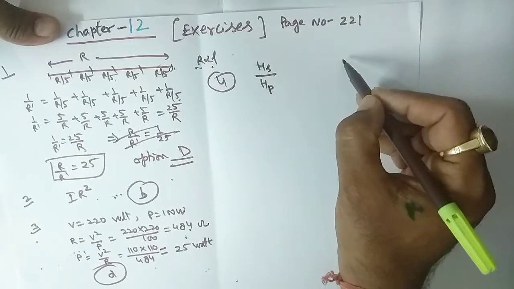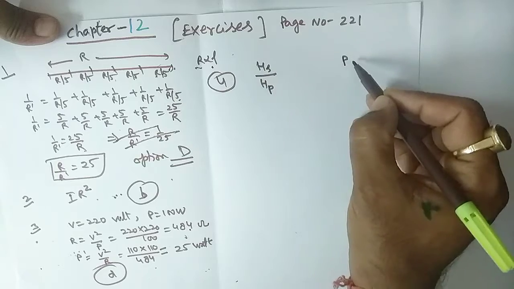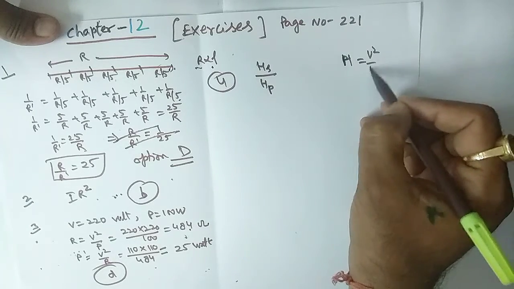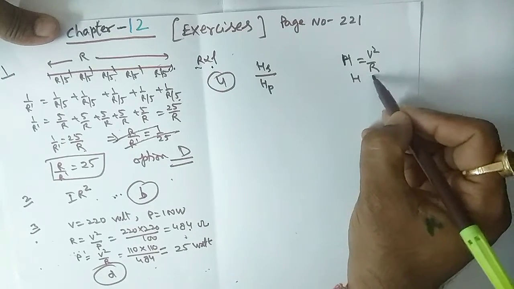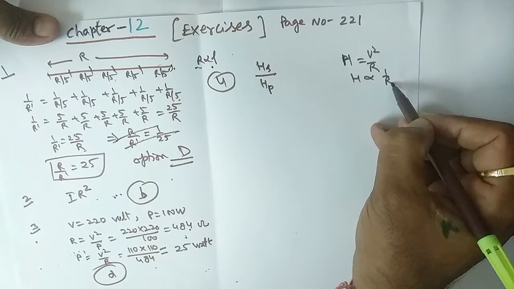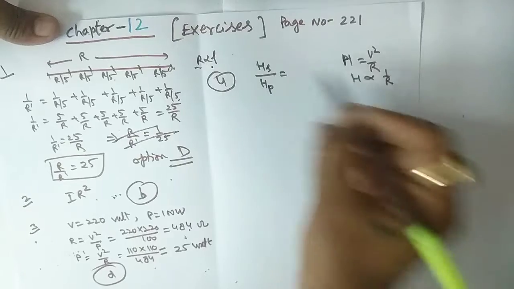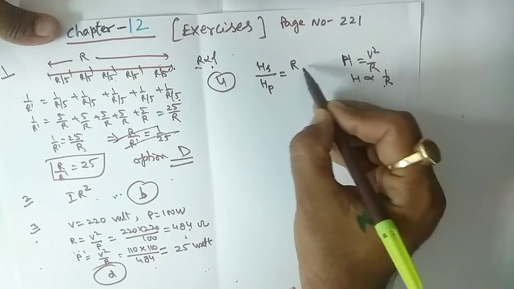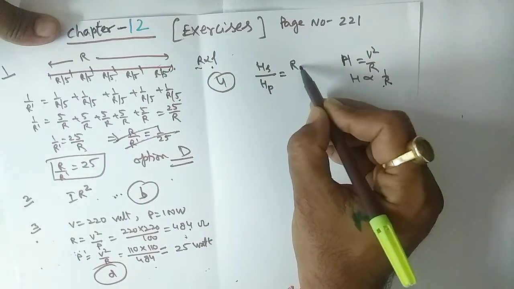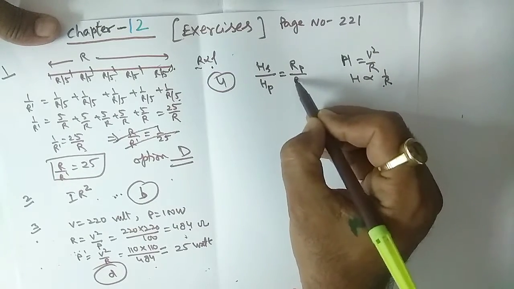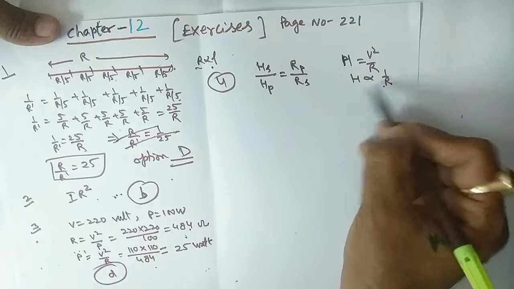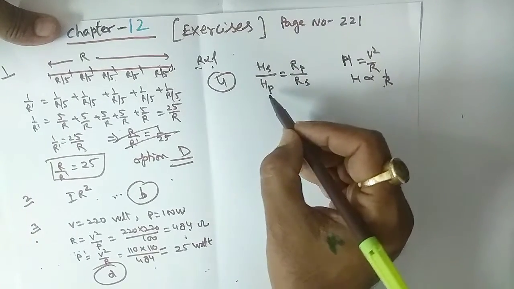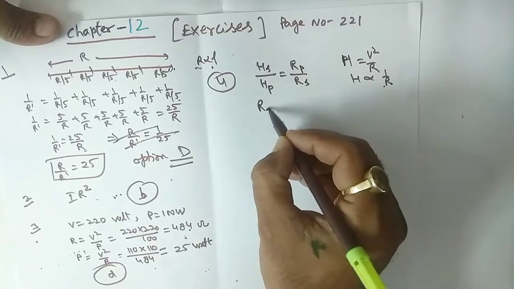You know very well power or heat is always equal to V square upon R, or you can say H is inversely proportional to 1 upon R. So here using this you can write it is equal to the resistance in parallel upon resistance in series, using this term inversely proportional. So what is the resistance in series?